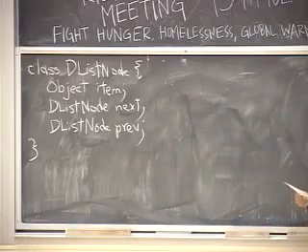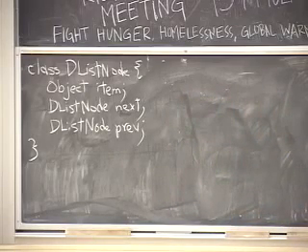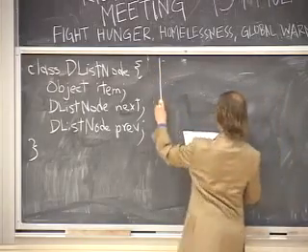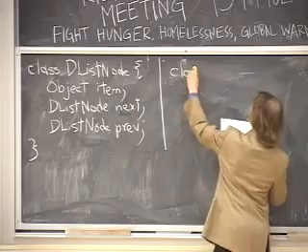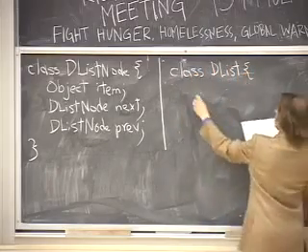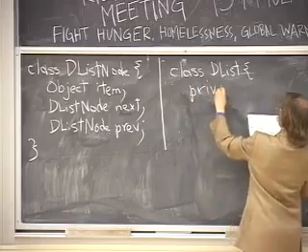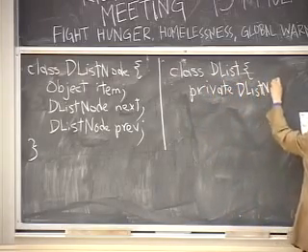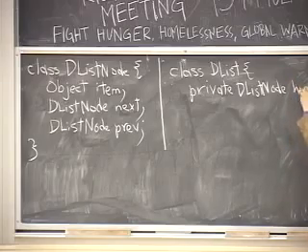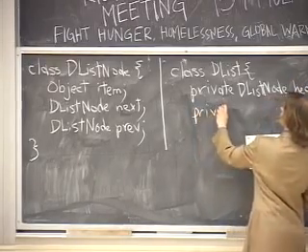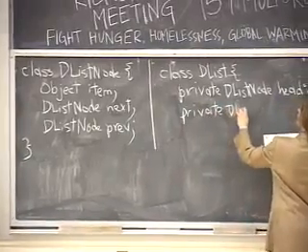Okay, so a doubly linked list node is like a singly linked list node, except it has references to the next node in the list and the previous node in the list. And our totally basic dlist class is going to have a head pointer that points to the first item in the list. But we also want to be able to insert and delete at the end of the list, so we're going to have a tail pointer too.